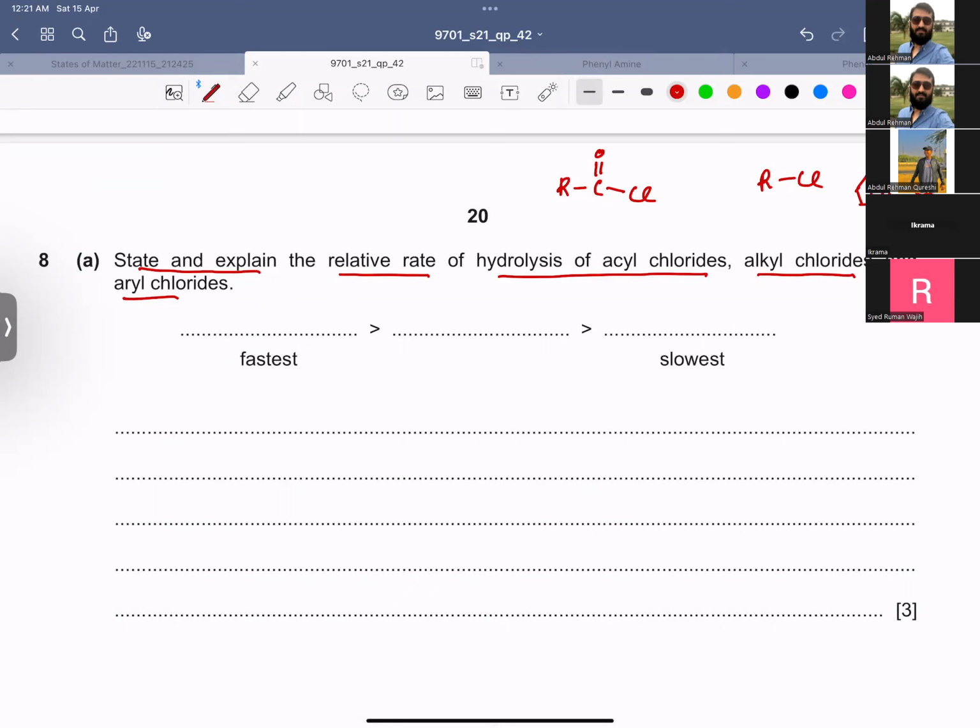So, among these three, acyl chloride is the one which hydrolyzes fastest. The rate of hydrolysis of alkyl chloride is moderate. And aryl chloride would have the slowest rate of hydrolysis.